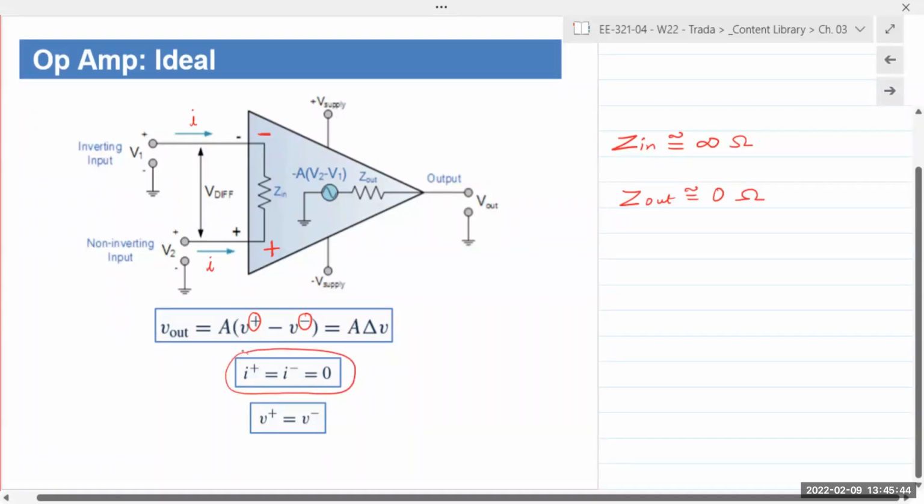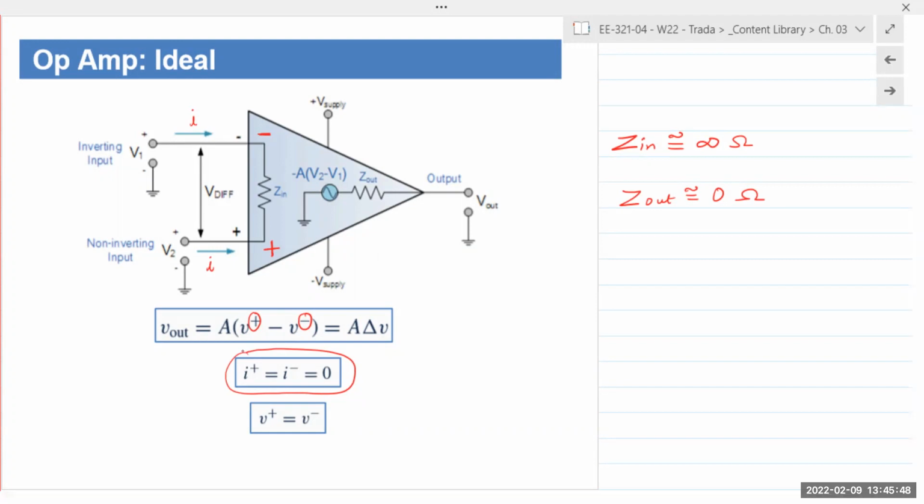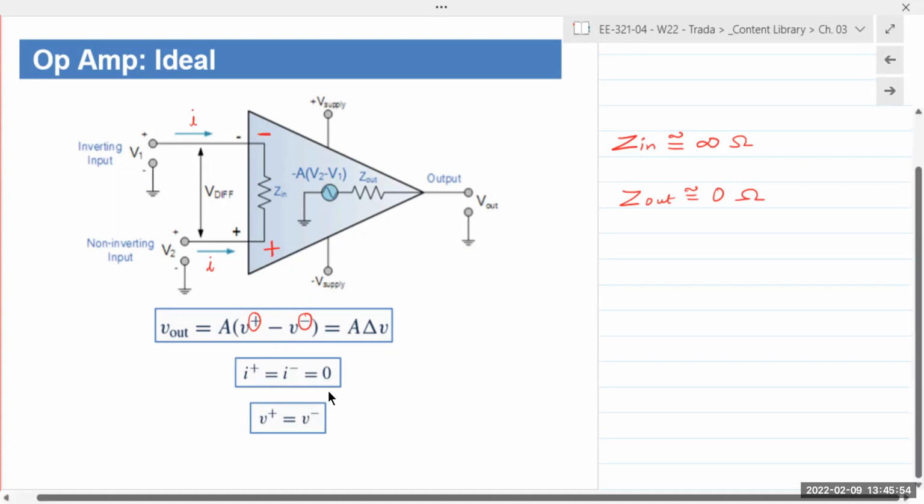So I plus, the current at the non-inverting terminal, and I minus, at the inverting terminal, are both equal to 0. If they're both equal to 0, there is no current flowing through Zin at all.